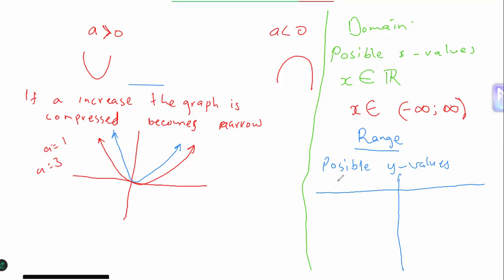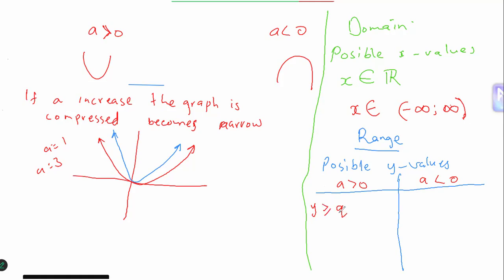So if a is greater than 0, and on this side if a is less than 0. What will be the range if a is greater than 0? It will be y is greater than or equal to the value of q.